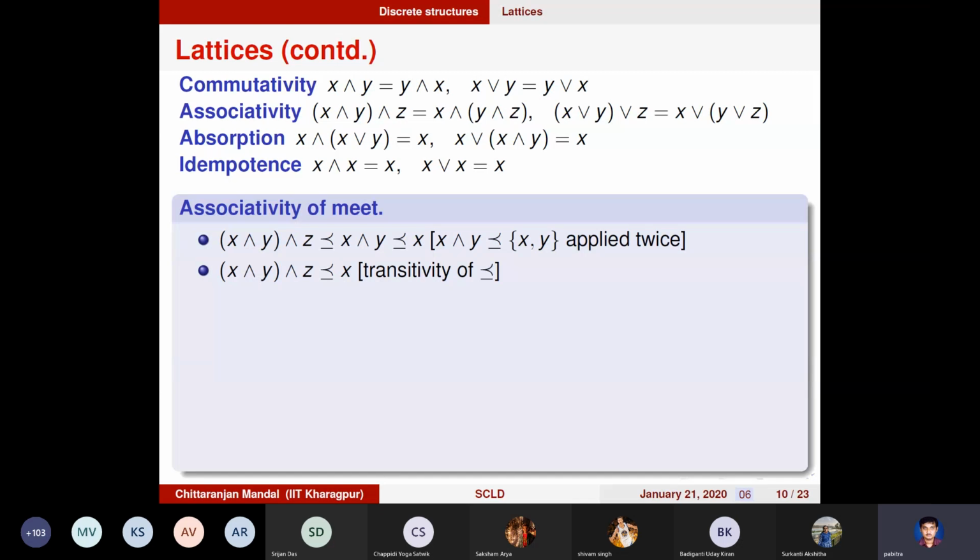Okay. So let us look at absorption and idempotence. Let us quickly draw a diagram. I think that will be better.